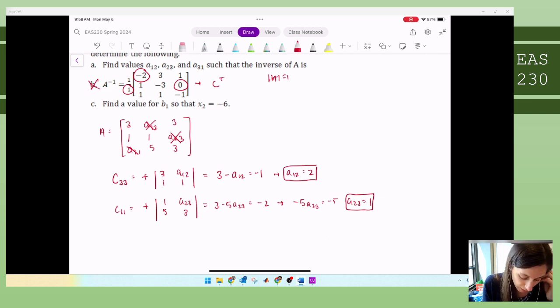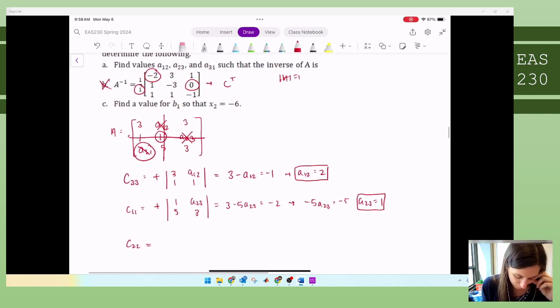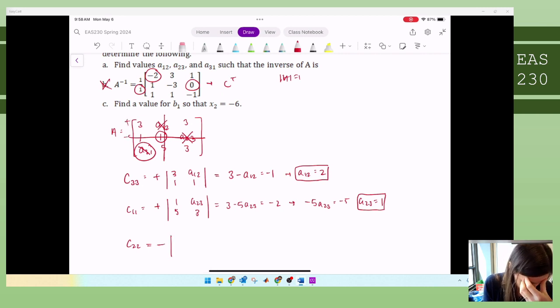So now I want to find this one. To do that, I'm going to pick this number, C22. Remove the row, remove the column. That's going to be a minus. In the middle there, it's plus, minus. Nope, it's going to be a plus. So I have 3, A31, 3, and 3. The cofactors I'm picking still only have one unknown in each one.